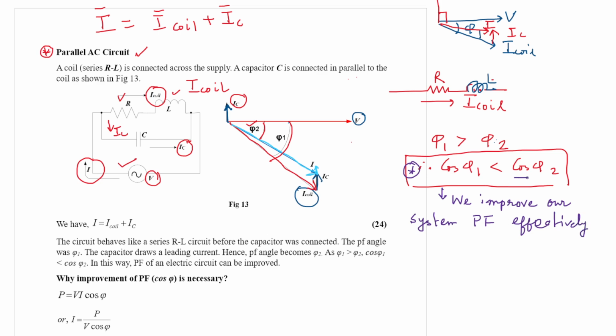This cos phi 2 is the new power factor, which is greater than the previous power factor. The previous power factor, cos phi 1, is the power factor when the capacitor was not connected, whereas cos phi 2 is the new power factor with the capacitor connected.